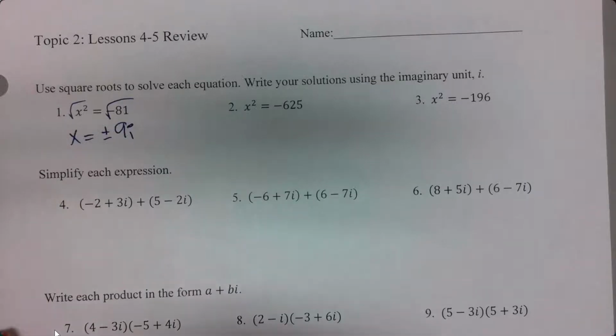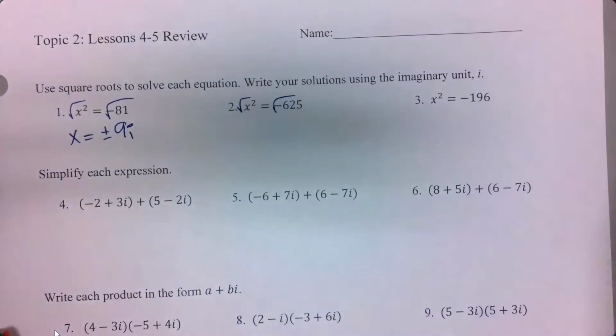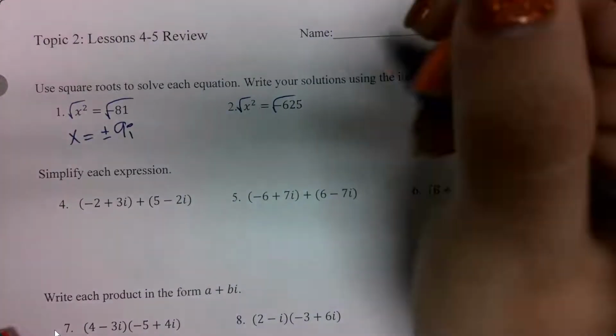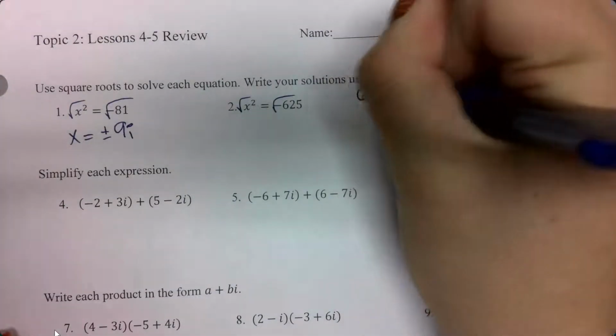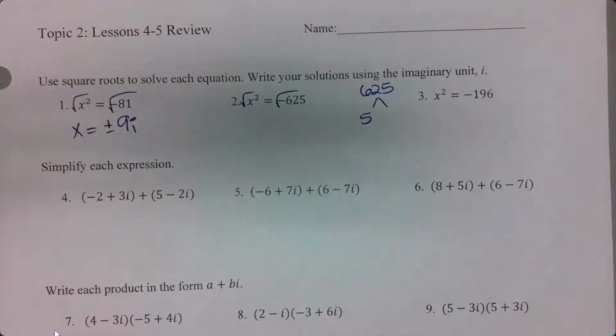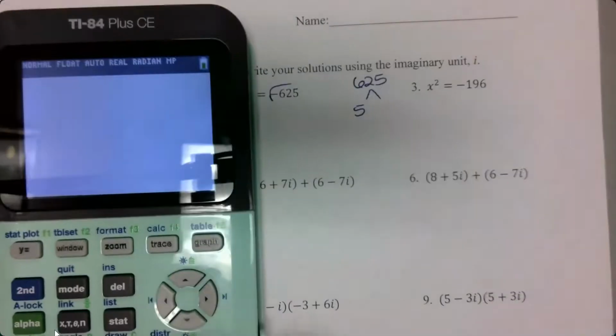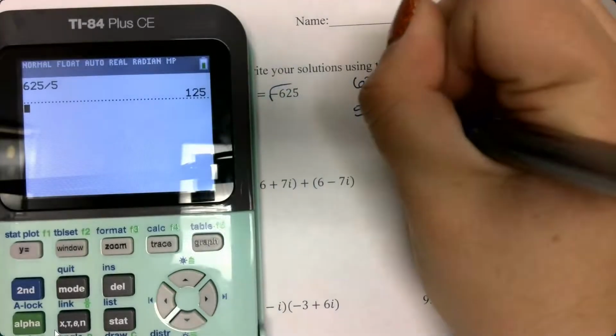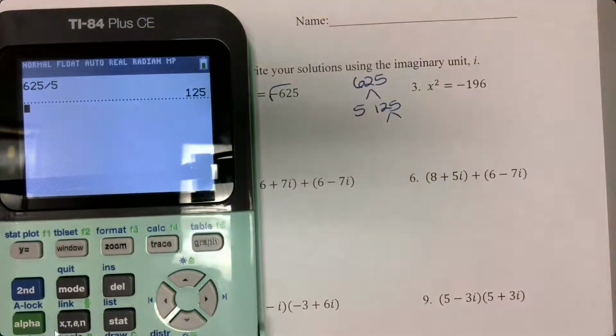On number 2, same idea. I want to take the square root of both sides. But 625 is not a perfect square. So I want to go ahead and factor tree this. 625 I know is divisible by 5 because it ends in a 5. I don't know what else, so I'm going to do 625 divided by 5 on my calculator, which gets me 125.